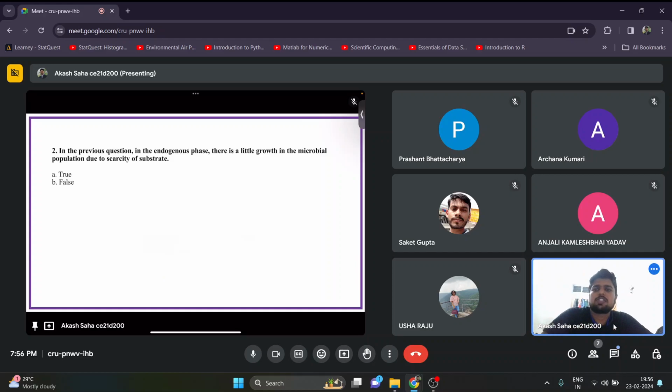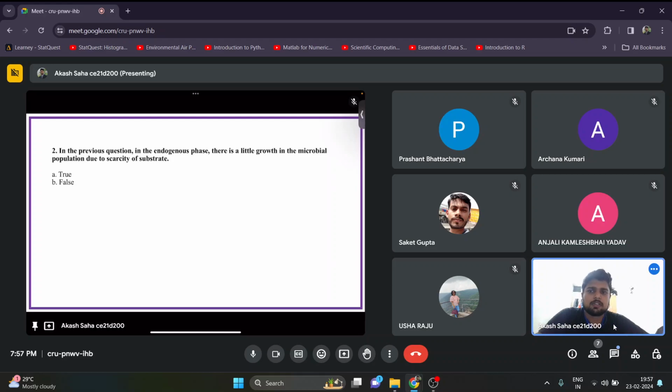Now in the previous question, it is asked, in the endogenous phase, there is a little growth in the microbial population due to scarcity of substrate. So, is it true or false? The system is moving into the endogenous phase. That means they will depend more upon their own protoplasm or on the other microbes.